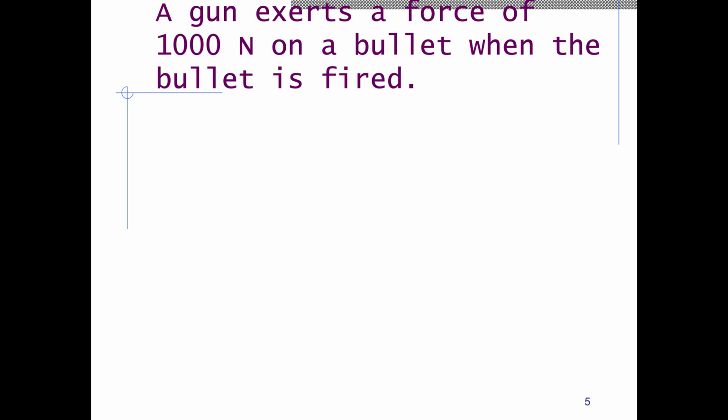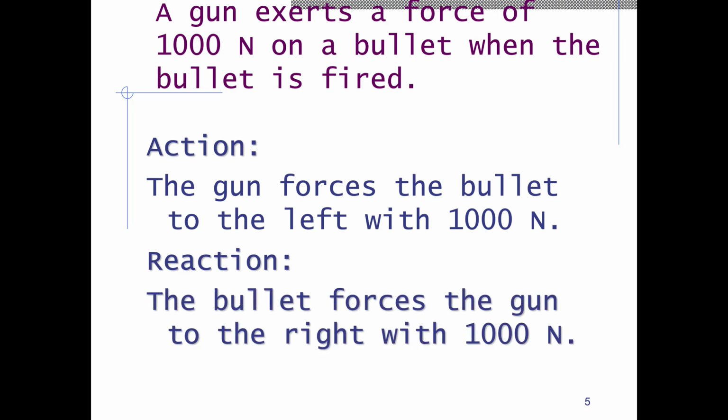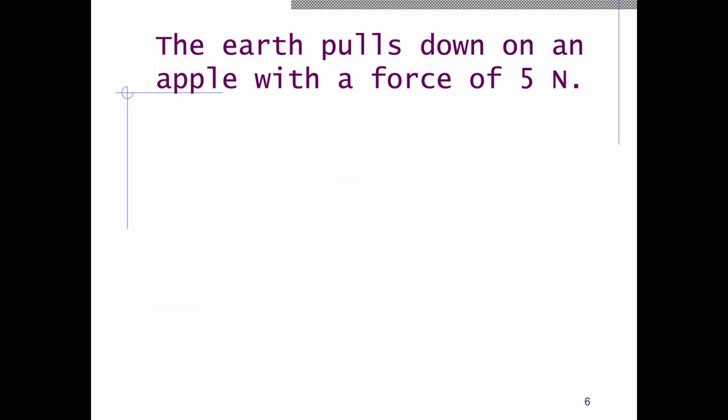So last but not least, we've got a gun exerts a force of 1,000 newtons on a bullet when the bullet is fired. So our action statement, we can just take a look at that, and then we can flip our nouns and change our direction, and we are good with our last action reaction statement. Oh my goodness gracious, I fibbed. There is one more. I apologize. But just for funsies here, let's take a look at the earth pulls down on an apple with a force of 5 newtons.